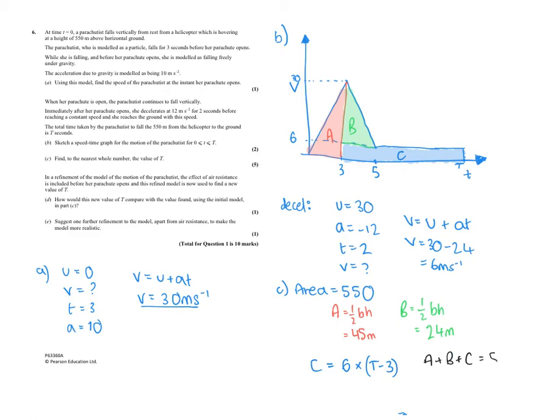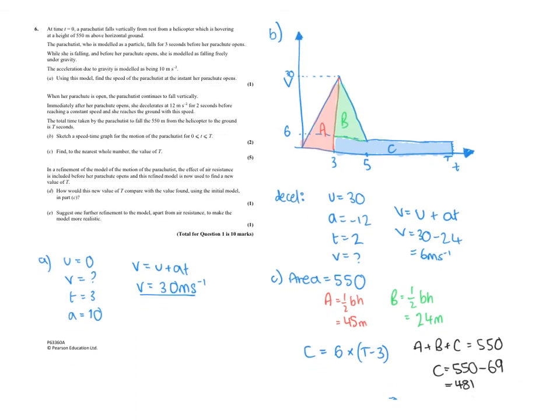And we know that all the areas added together must give us 550. So C is 550 minus 45 plus 24, which is 69. So the area of C is 481.